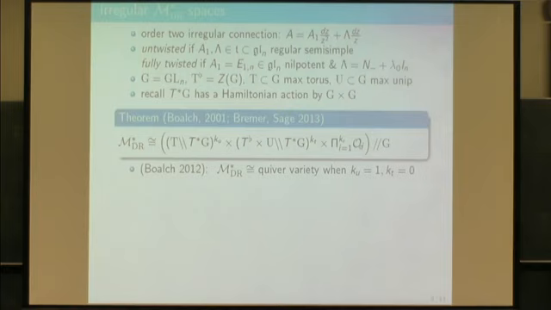But somehow this misses the case when you have more than one untwisted puncture. To deal with that case, there are other works, but there is this work done by Yamakawa, who looked at quiver varieties with what he called multiplicities.